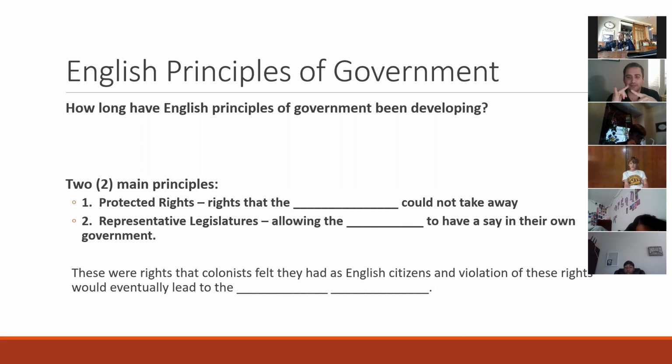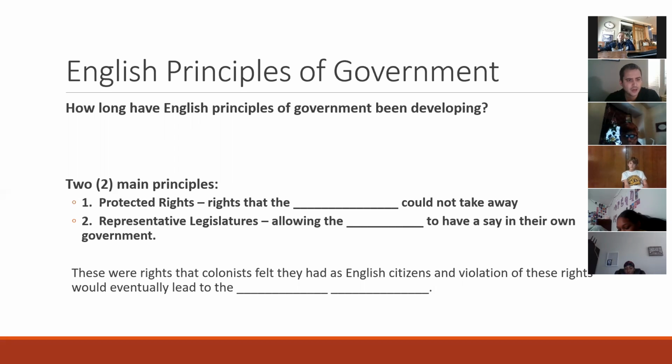No. Can they infringe on our right to privacy? No. Do we have a right to privacy? Yes. That comes from the Fourth Amendment that prevents the government from searching our homes without a warrant. The fact that they can't search our homes without a warrant gives us an inferred right to privacy. And we have some others. So protected rights are rights that the government cannot take away, and over time these rights have grown. They're not set in stone.